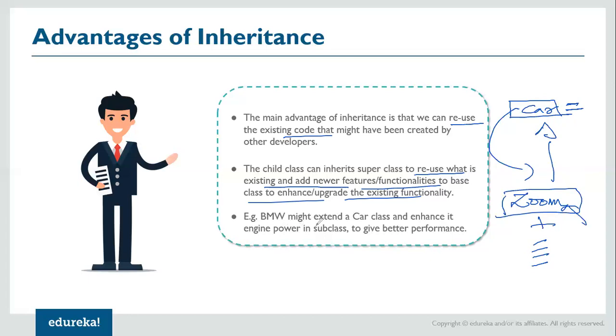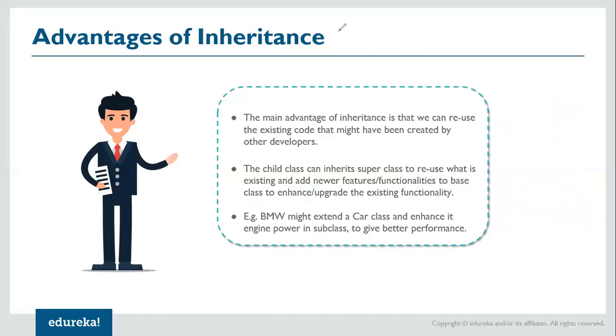For example, BMW might extend a car class and enhance its engine power in the subclass to give better performance, right? So as I have already told you, we are basically trying to achieve reusability and then extend the functionality by adding more features and functionalities in the subclass. So these are the major advantages of inheritance in C++.